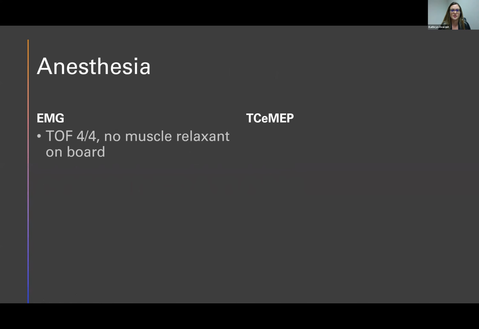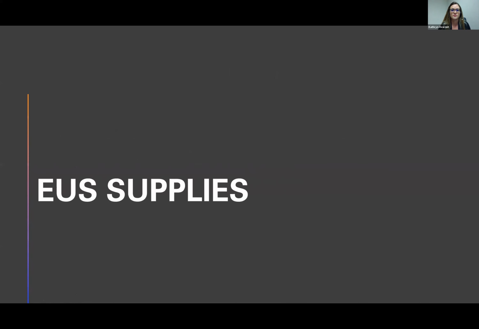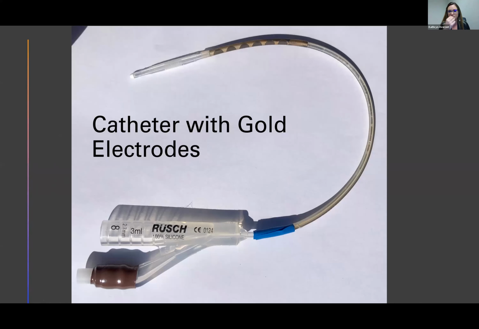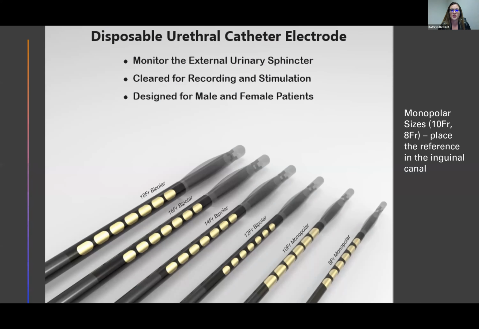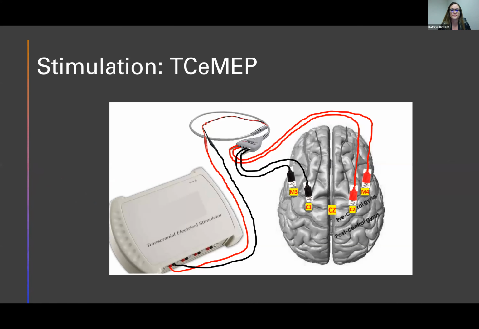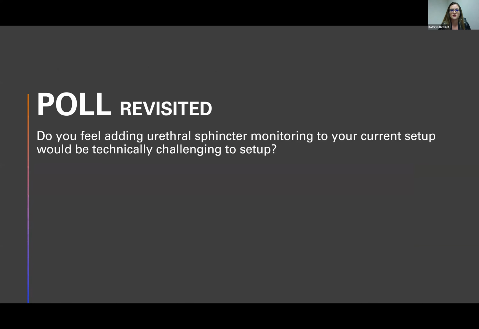Anesthetics, same exact scenario as you do for your limb evoked potentials. The supplies, it's a catheter with gold electrodes that comes in varying sizes. I prefer to use that link quadrupolar motor stimulation for my motor evoked potentials, just to get a good variety of stimulation sites. And we do use the corkscrew electrodes for a larger surface area of stimulation.